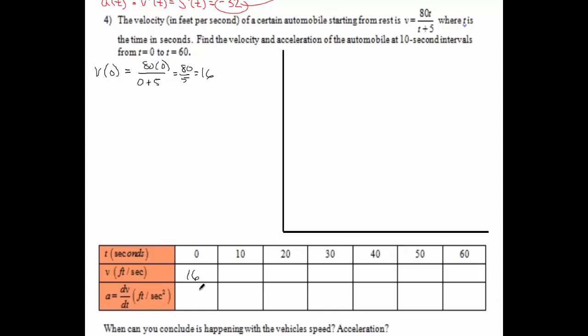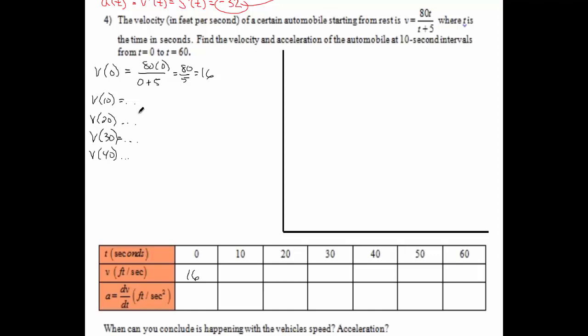If we continue on and do v of 10, v of 20, v of 30, v of 40, we would do the same exact thing that we did for v of 0 by plugging in.